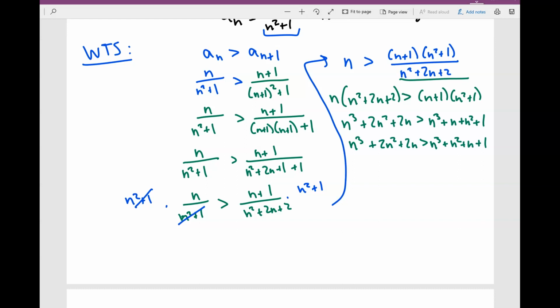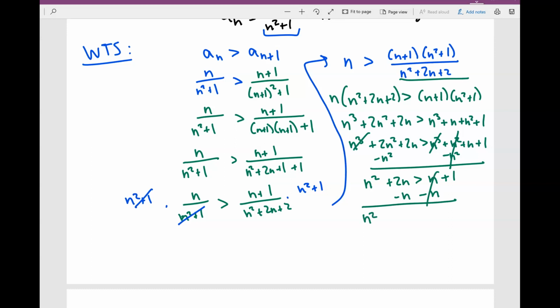Notice that if I subtract the n cubed, it goes away. If I subtract the n squared, I have n squared plus 2n greater than n plus 1. If I subtract the n, I have n squared plus n is greater than 1.